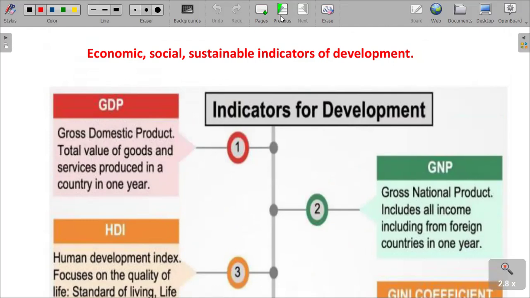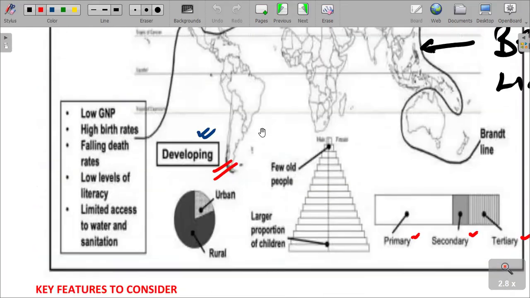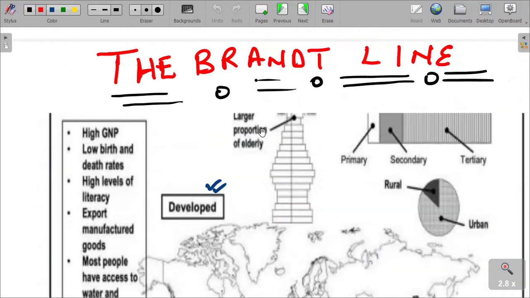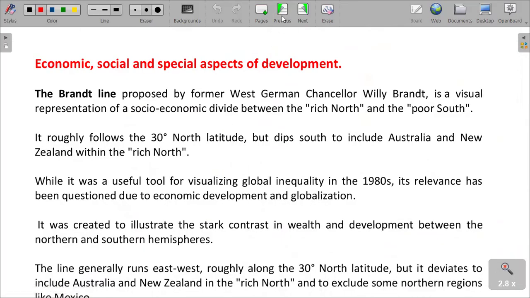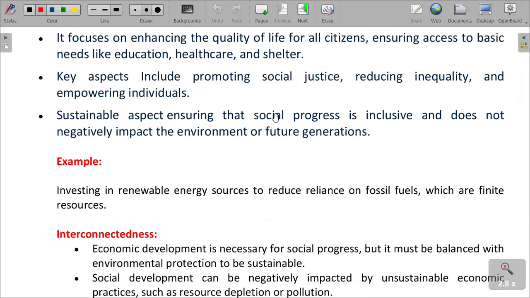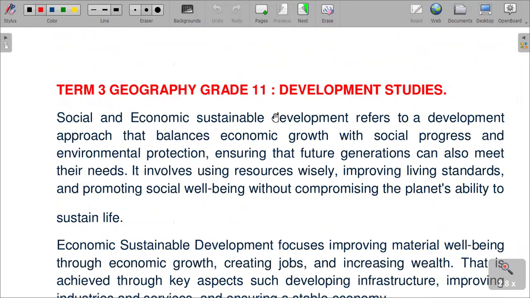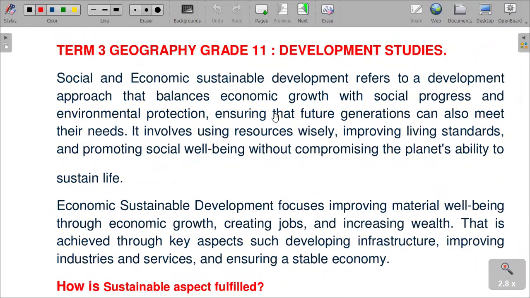So without wasting time, we are just going to start from the first piece of our presentation, which is social and economic sustainable development. That is an approach that balances economic growth with social progress.